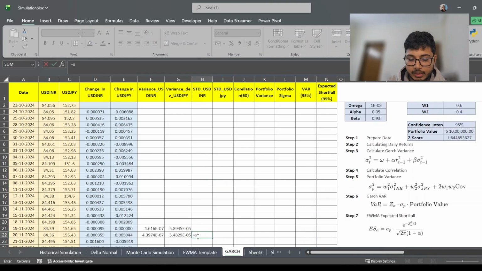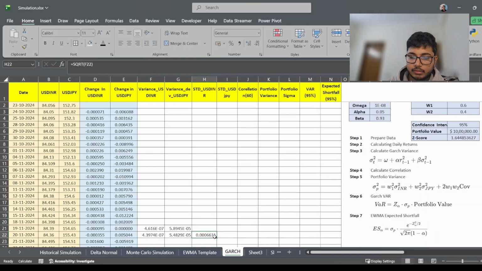And we can also calculate standard deviation per route. We can drag this formula.